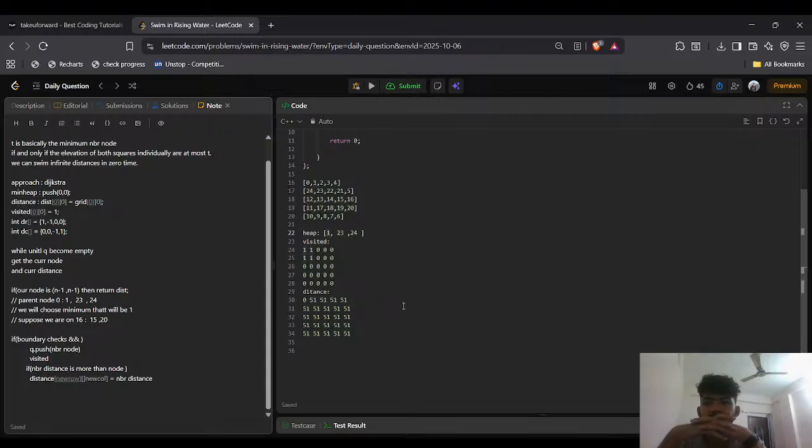When we are exploring 0, divide. When we were exploring 0, I did something wrong. Let me see. Wait.